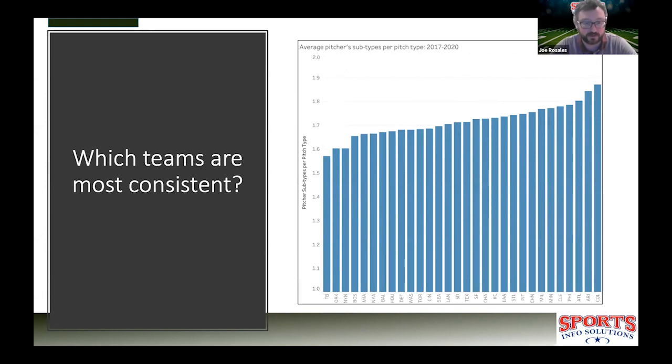You'll see on the far left there, Tampa, Oakland, and the Mets separate themselves in terms of fewest subtypes per primary pitch type, as opposed to, say, on the right, where you've got Arizona and Colorado. Again, something else that we probably want to take a little more of a look into, in that those two are teams that are generally associated with ballparks that have higher offensive environments, and whether there's anything potentially there that might be worth digging into more.